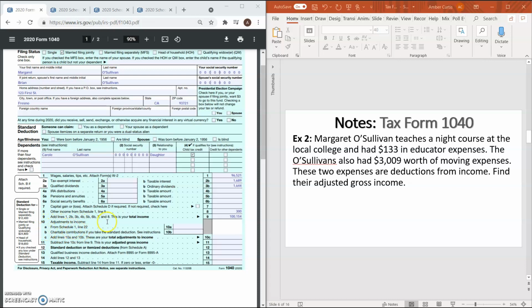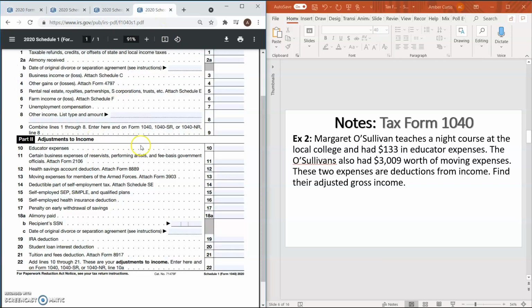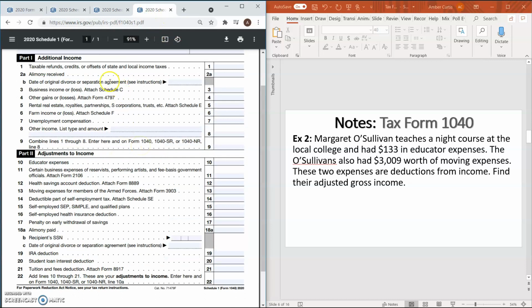We're going to be looking at Schedule 1. At Schedule 1, we have any additional income. Margaret and Brian O'Sullivan do not have that, but they do have additional expenses. Margaret O'Sullivan teaches a night course at a local college and has $133 in educator expenses.